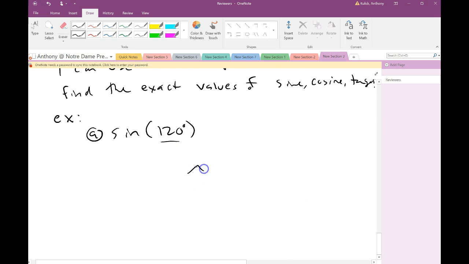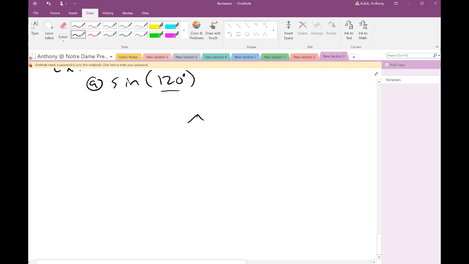So what I do is I'll start by drawing myself a picture of the xy axis. And then I'll draw my 120 degree angle. So the initial side always on the positive x-axis. And then I go 90 and then 30 more. So there's my 120 degree angle.